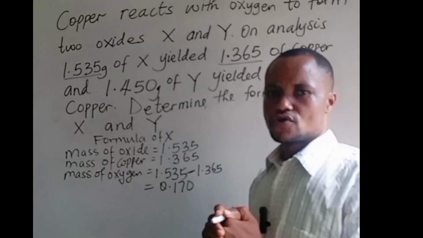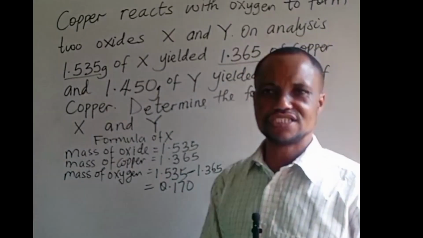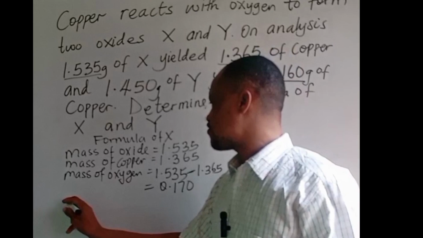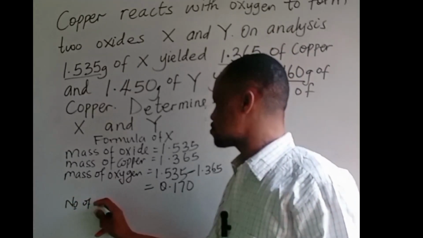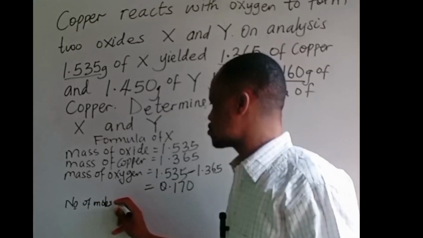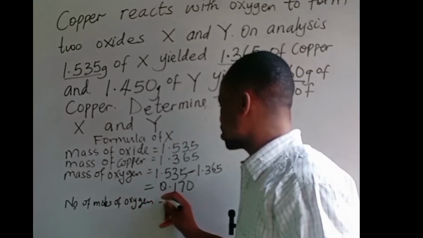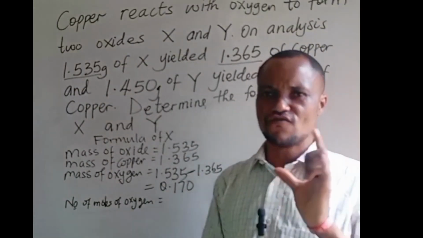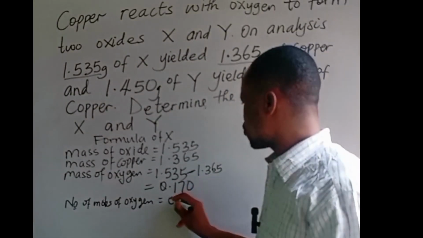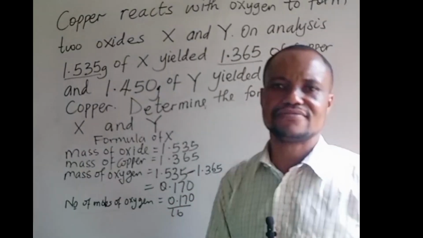Okay, so let's calculate the number of moles of oxygen. The number of moles of oxygen is the mass of oxygen over the molar mass, which is 0.170 divided by 16.